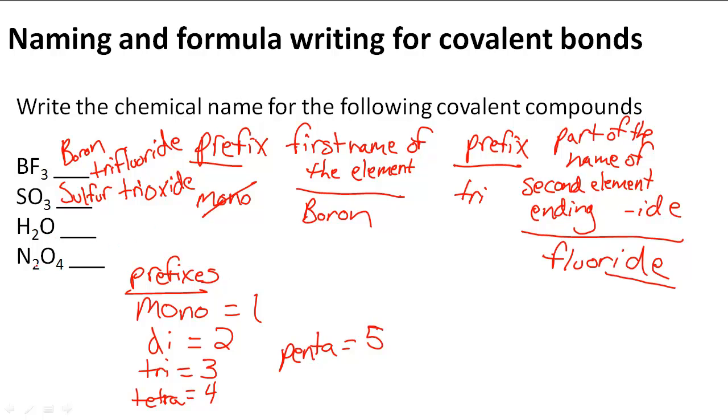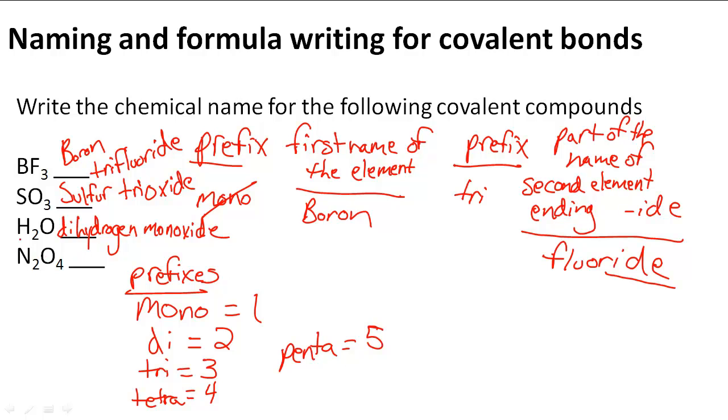Notice that this now starts with 2 atoms of the first element, so I have to start putting the prefixes. There are 2 hydrogens, so I'm going to put dihydrogen. And there's 1 oxygen, so I'm going to put monoxide. Dihydrogen monoxide. I didn't put monooxide, but monoxide.